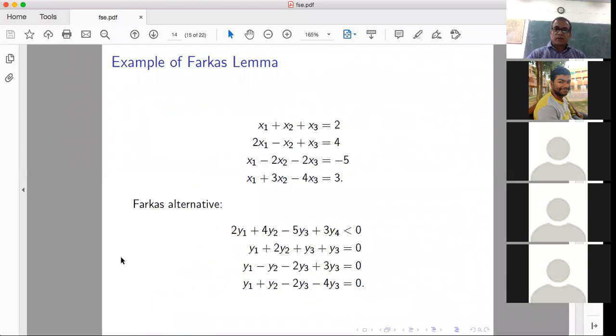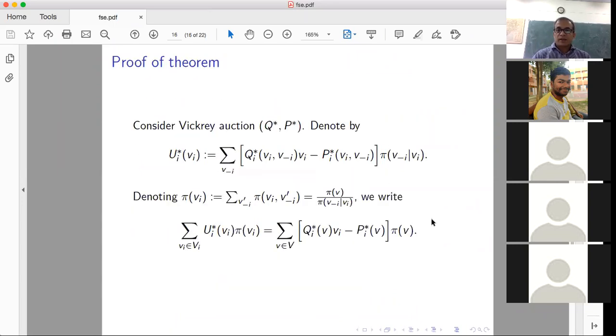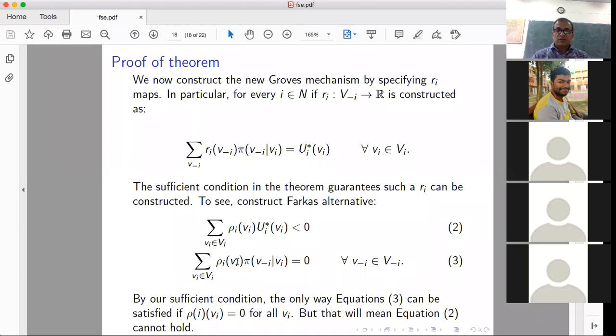So we can go back to this example. Here these equations were just saying that y1 plus 2y2 plus 3y3 plus y4 is equal to 0, and y1 minus y2 minus 2y3 plus 3y4 is equal to 0. Similarly, we write a system of equations, which is the sum over all vi of rho I vi times pi v minus I given vi, equal to 0. And this has to hold for all v minus I.